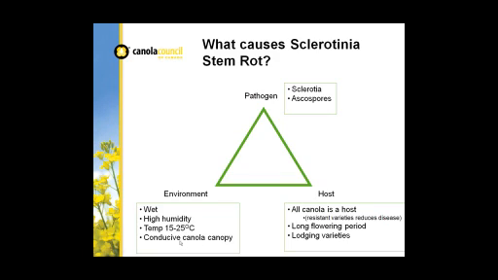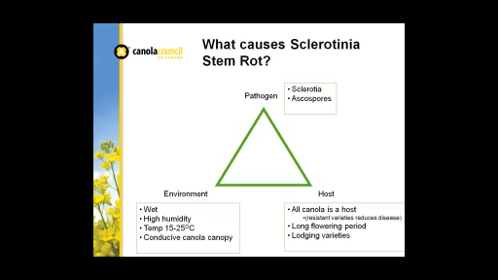And as well, I have here conducive canola canopy. If you have a canola crop that looks like it's going to be high yielding, it's not being shorted for any nutrients, it has all of the fertility that it requires, it looks like it's going to be a 40 or 50 bushel crop, well, that canopy is going to be nice and wet and shaded under most normal conditions.